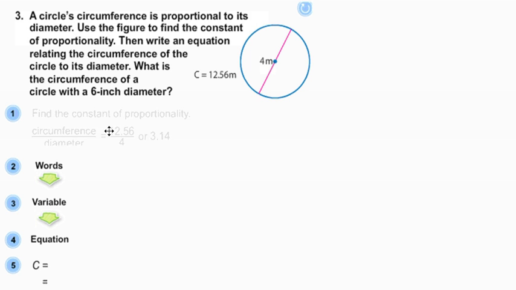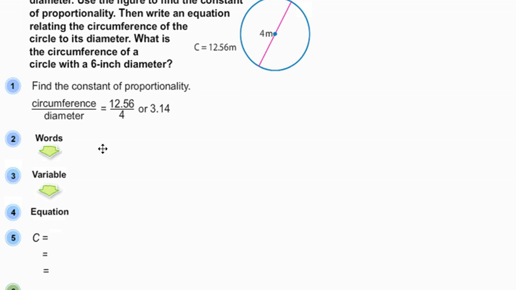Okay, so the first thing we're going to do is find the constant of proportionality. And they said the relationship is circumference to diameter. So we set up our circumference over our diameter, which was 12.56 over 4, and we got 3.14. Okay, so that means we multiplied 3.14 times 4 to get 12.56.